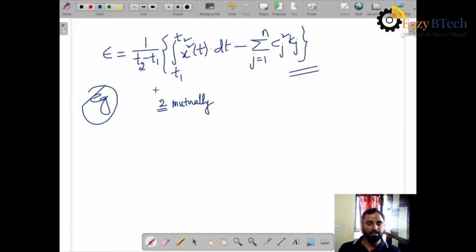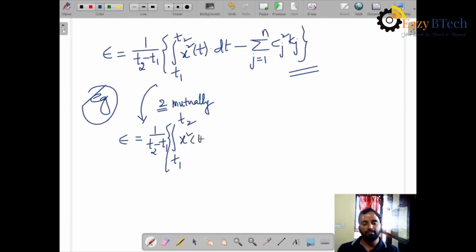So the formula is 1 by t2 minus t1 over the interval, integral t1 to t2, bracket x square of t dt, minus summation, where the n value here is 2.